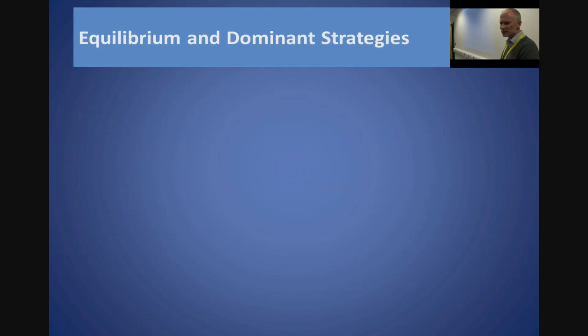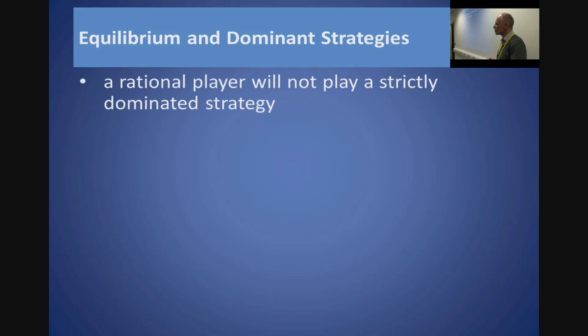So, given that, what's the point in setting up these games in their normal form if we can't say anything about the most likely outcome? How do we solve these games? Well, we're going to start the ball rolling by adopting a very, very simple idea, something we've already touched upon. We will say that a player, if they're rational, will never play a strictly dominated strategy.